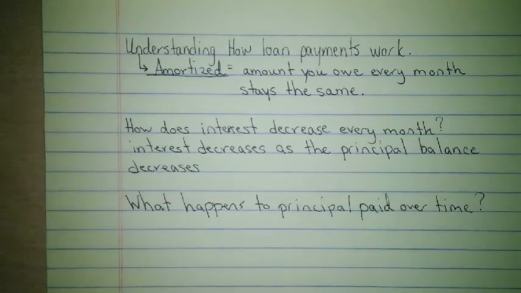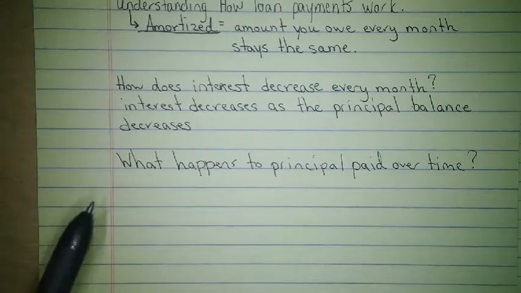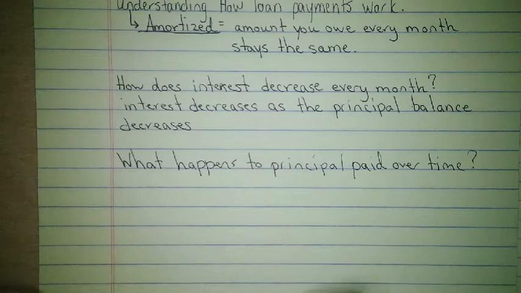Now, I'm going to try to break this down for you guys so it makes a lot of sense. Obviously, guys, if I have a loan that I am paying the same amount for every single month, y'all with me? Over time, each single month that I make a payment, I'm paying a little more principal and a little less interest because I am making my principal smaller and they can't charge me as much interest because my principal is getting smaller. Y'all with me?